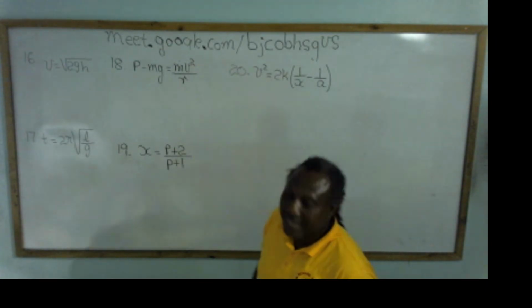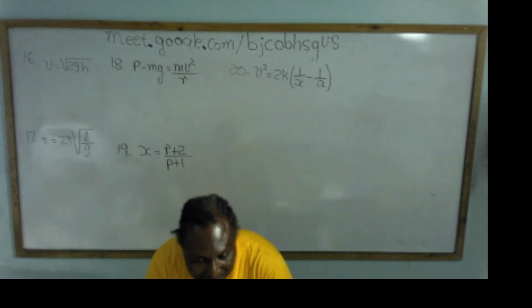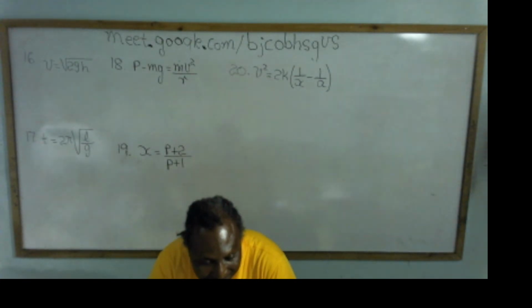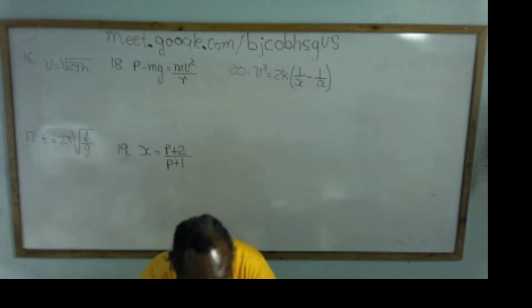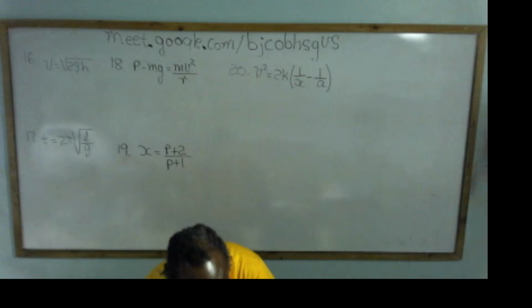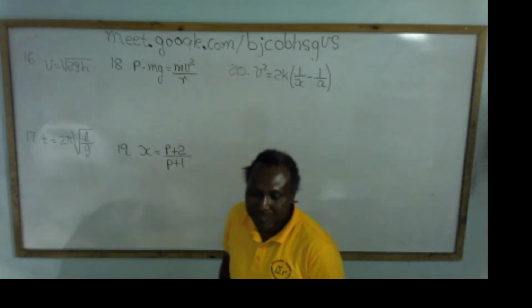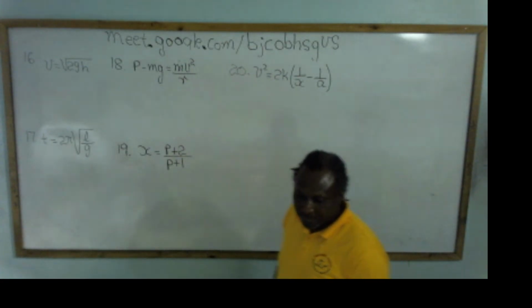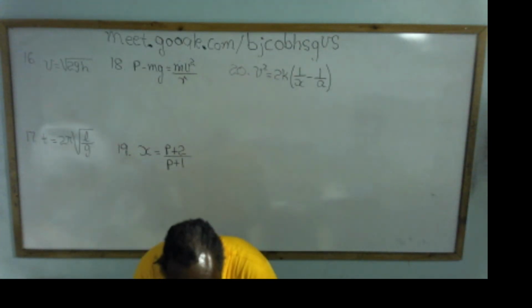What do we eliminate first? Well, someone saying that they can't see the invite. No problem. 2G.